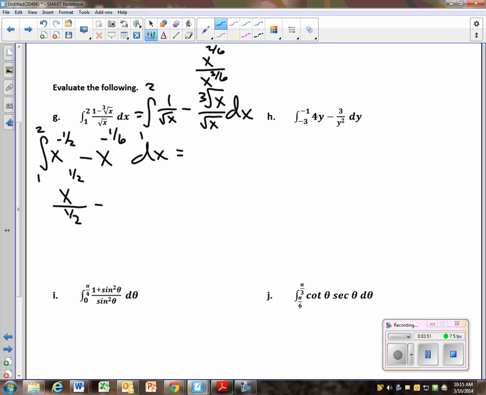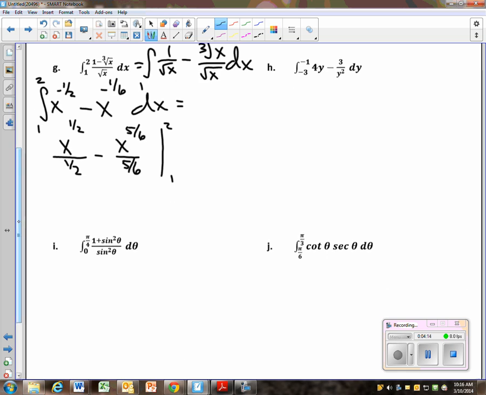I take the antiderivative, I increase the exponent by 1, and I divide by the new exponent. X to the 1/2 divided by 1/2 minus, what do I get if I increase negative 1/6 by 1? I get x to the 5/6 divided by 5/6. Evaluated from 1 to 2.